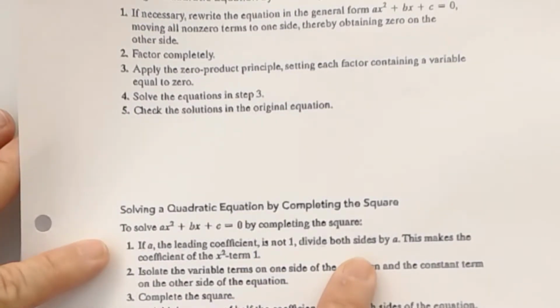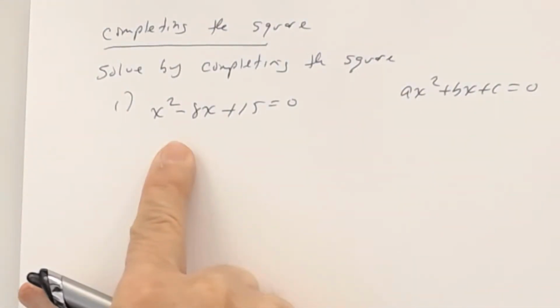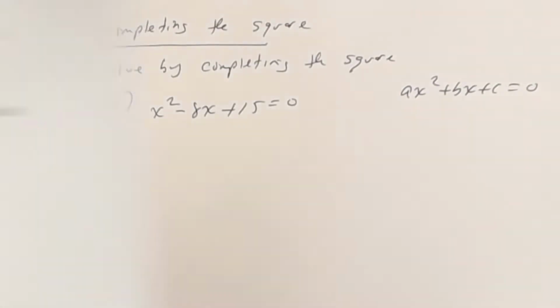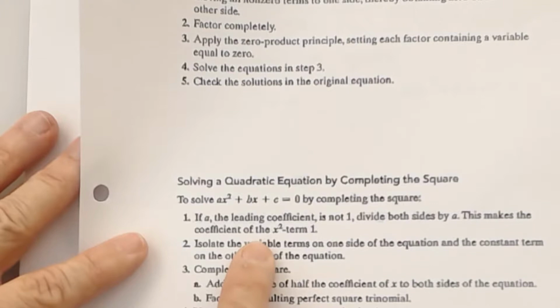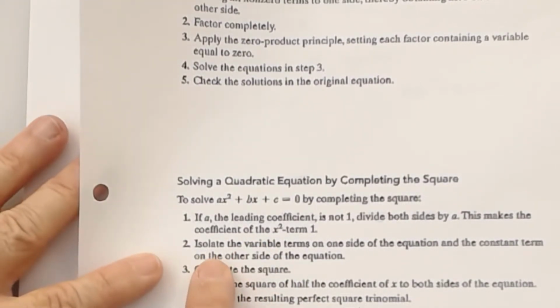This makes the coefficient of x squared 1. Do I have that here? No, because the coefficient of x squared is 1. So for this one, that step you're not going to do.